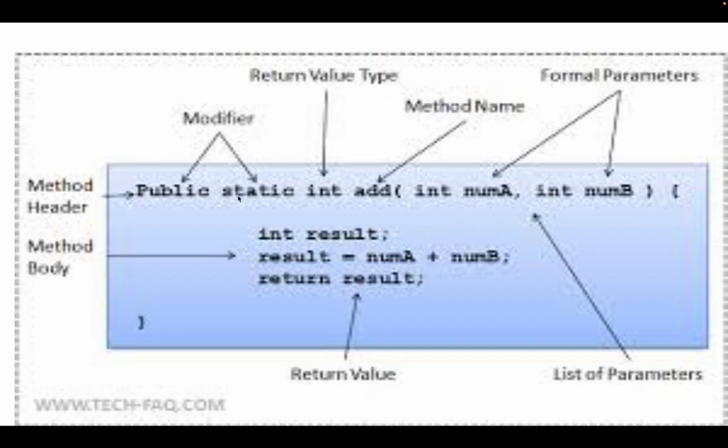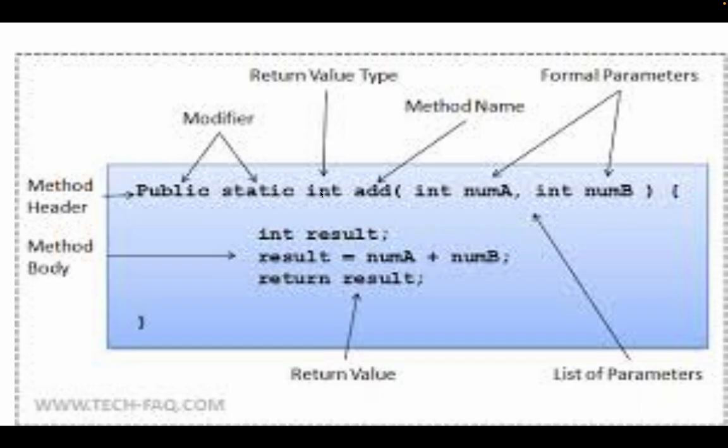Well, static allows you to not have to call upon an object. It's just the method's name, parentheses, and parameters, and that calls that method. When there's no static at all, then you have to use the object, dot, and then your method call.